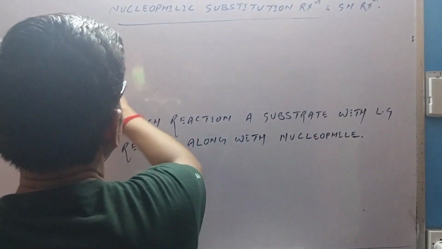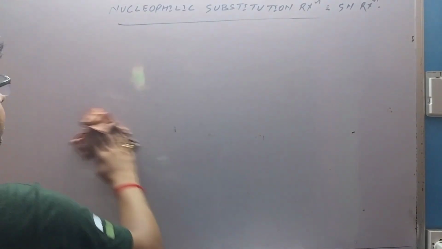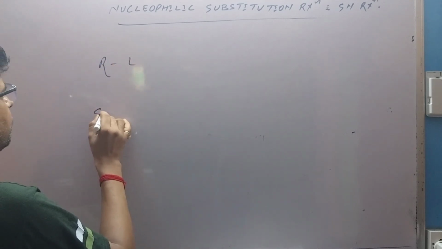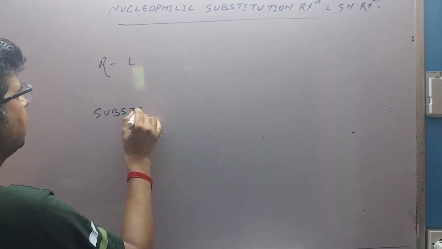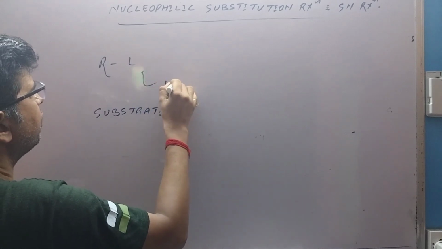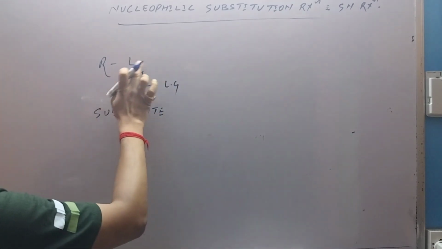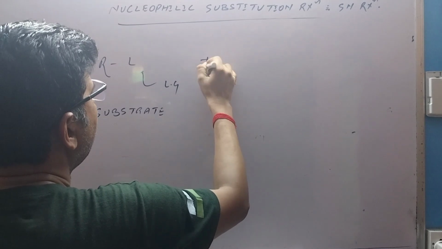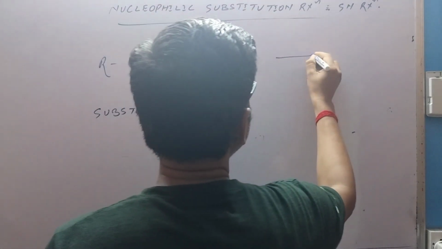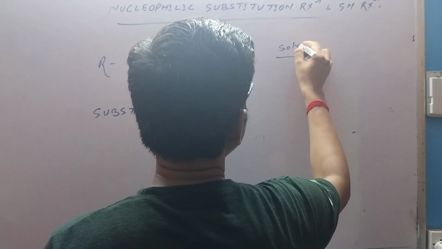The general representation of such a reaction is RL. This is the substrate with leaving group. L stands for leaving group. A substrate with leaving group is required along with nucleophile. This is the incoming nucleophile. Reaction condition: presence of solvent.